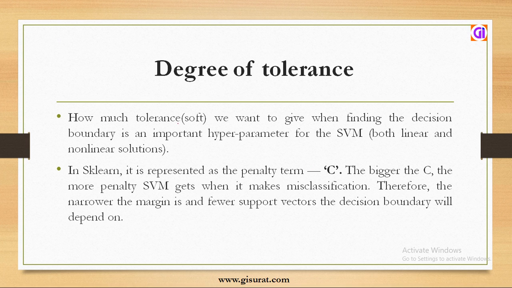So how much tolerance or softness we can give when finding the decision boundary, the hyperplane of the SVM. In scikit-learn it is known as C. The bigger C, the more penalty SVM gets. So the higher the value of C, the lower your accuracy level. Therefore we try to use the value of C as small as you can.